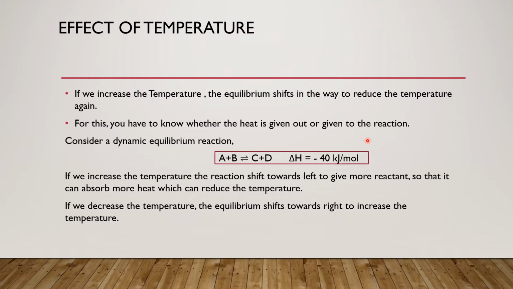And the reverse reaction, that is C plus D gives A plus B, is an endothermic reaction, right? So let's see what happens in this reaction. If we increase the temperature, the reaction shifts towards the left to give more reactant, so that it can absorb more heat, which reduces the temperature.